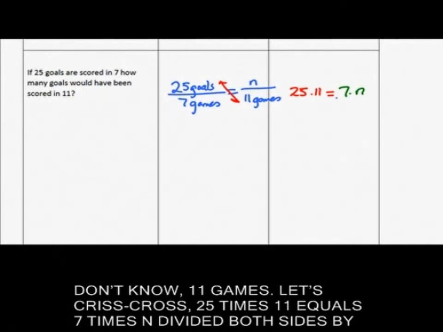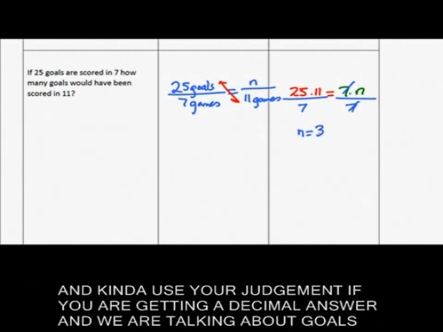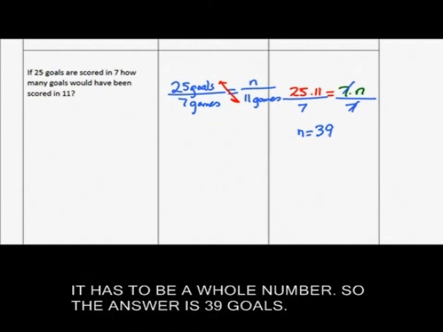Divide both sides by what's in front of n, which is 7. So I have 25 times 11 divided by 7, and that gives you about 39. Use your judgment: if you are getting a decimal answer and we are talking about goals, it has to be a whole number. So the answer is 39 goals.